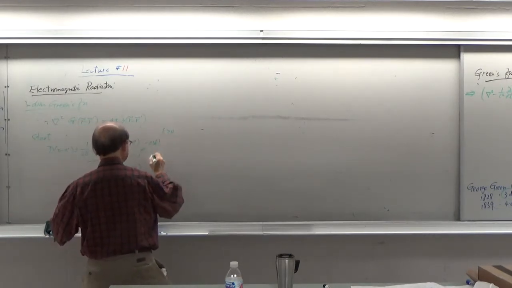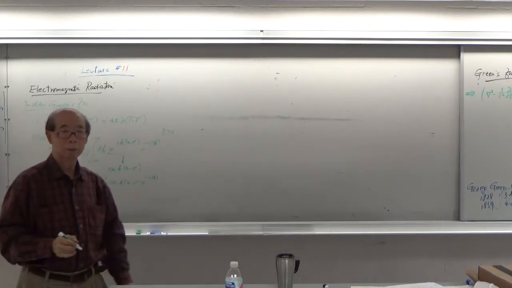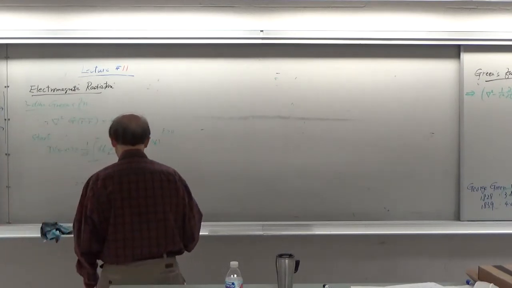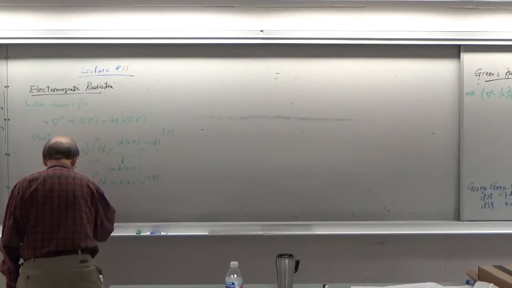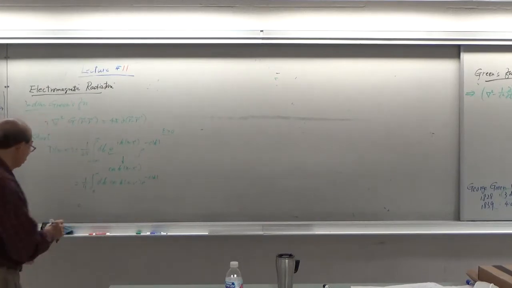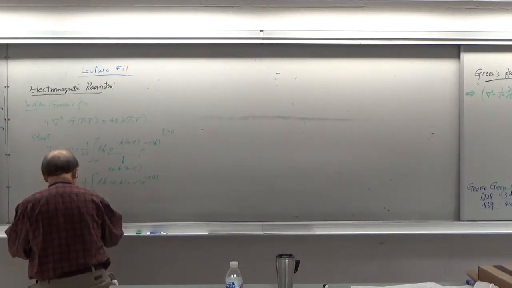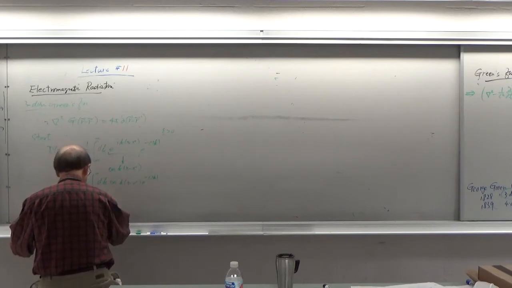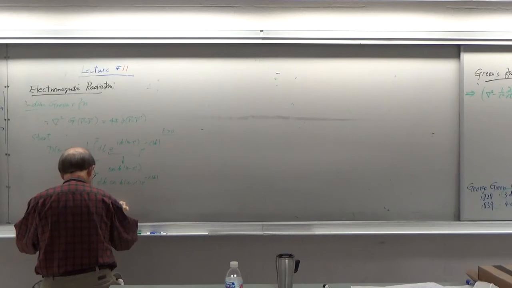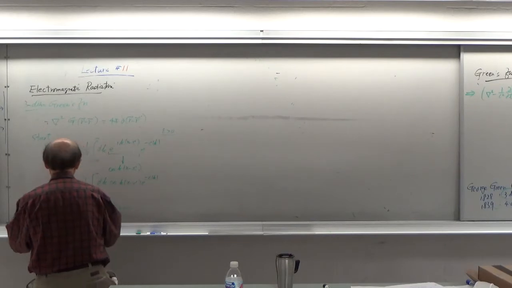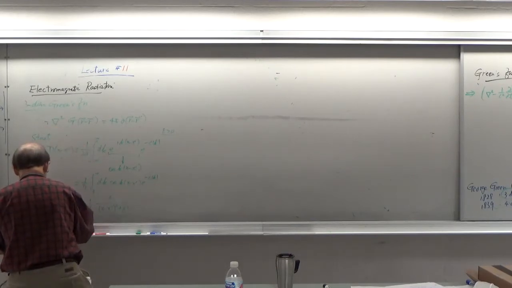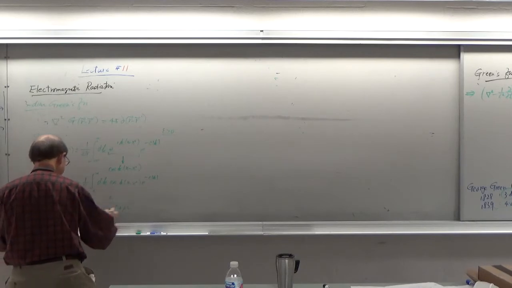Epsilon, as I said, is positive. Let me leave it as an exercise for you to show that this is in fact equal to 1 over pi times epsilon over (x minus x prime) squared plus epsilon squared. So this is what D of x minus x prime is.